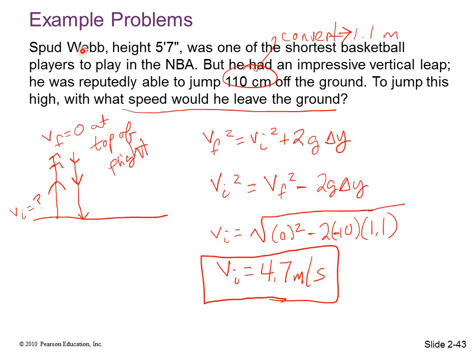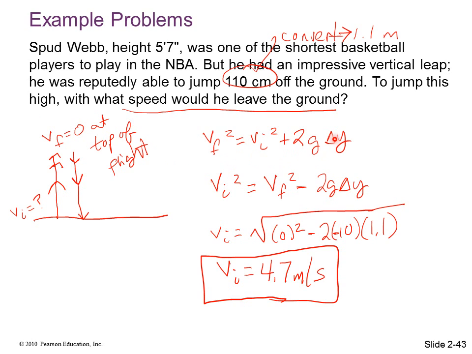So here's Spud Webb, and it's looking for the initial velocity. So we take the fact that we know the final velocity at the top of the flight is 0. Acceleration for anything in the air, projectile, free fall, if it's on Earth, is always going to be negative 10 meters per second squared.